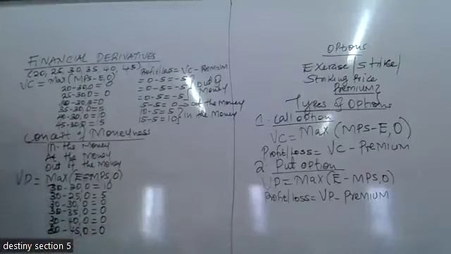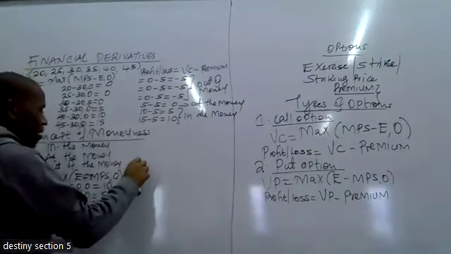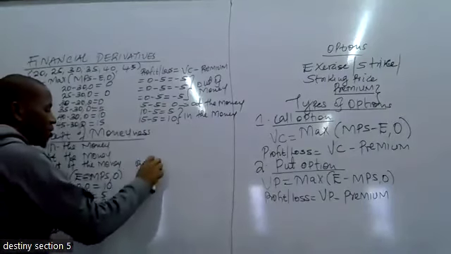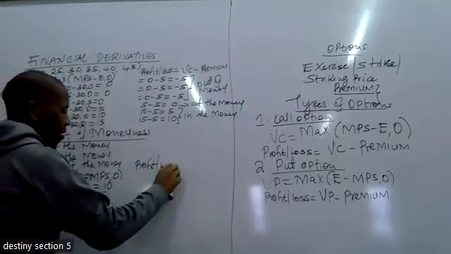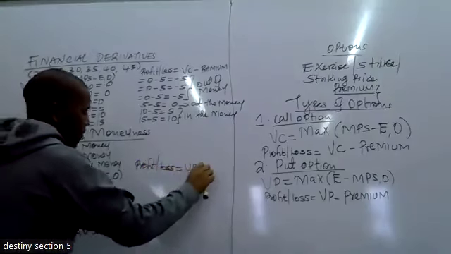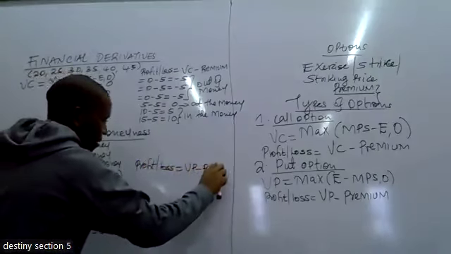That means, in this case, if we want to get a profit or loss, it is the value of the put option minus the premium.